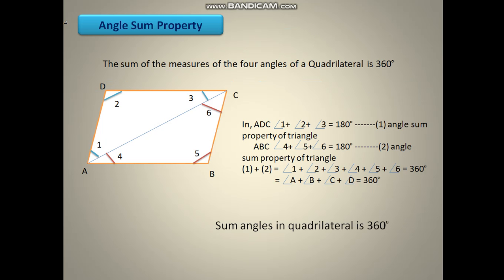Let's move on to the angle sum property. What is the angle sum property? It means the sum of the measures of the four angles of a quadrilateral is 360 degrees. We call this the angle sum property.